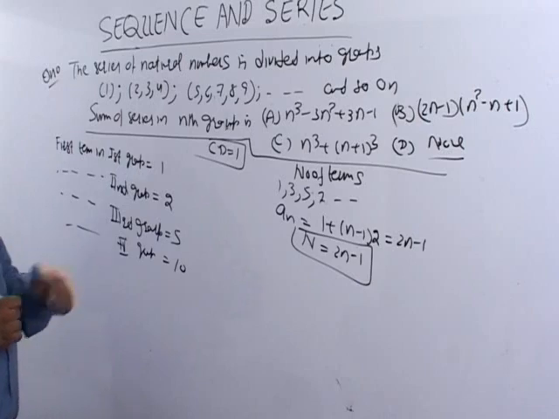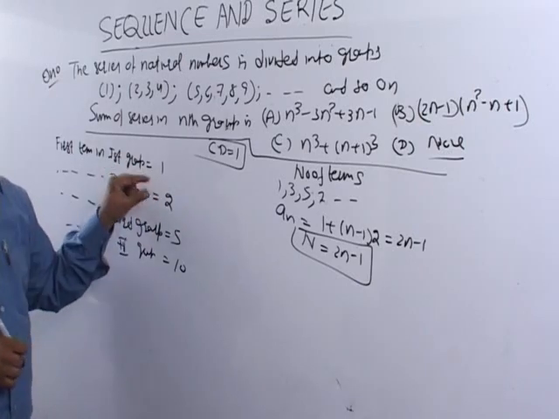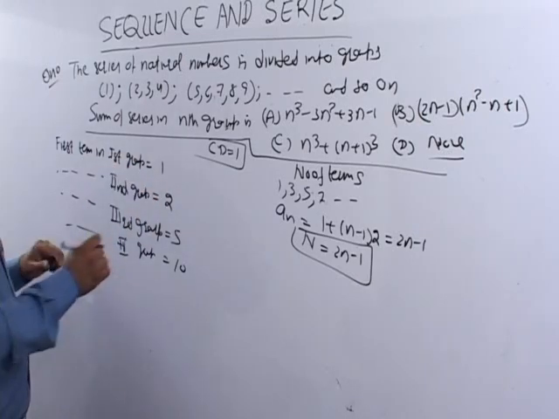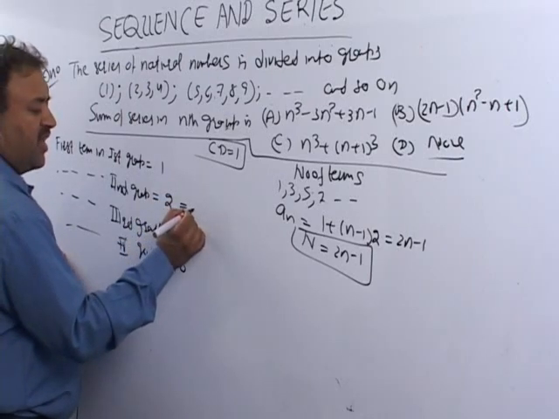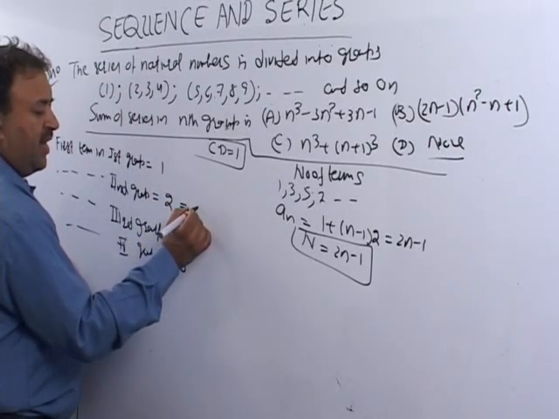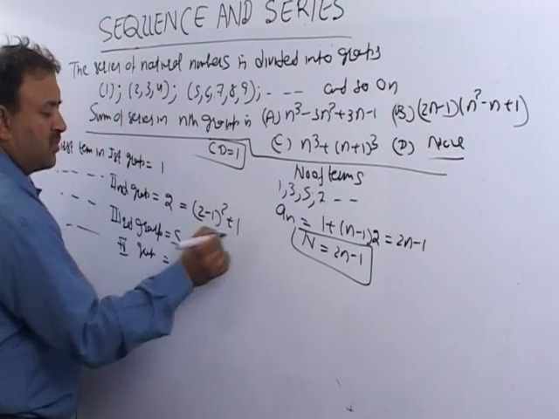Now we look at what series is forming. We get (2 minus 1) the whole square plus 1.